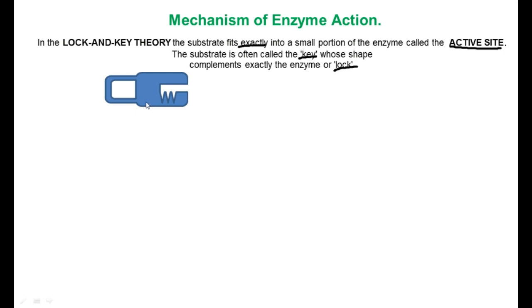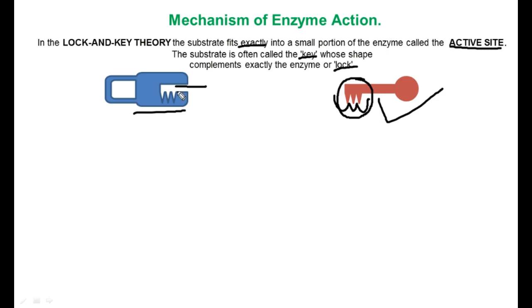Now let us see this example. This one is acting as the enzyme and this one is the active site, and this one is a substrate, and this is the place where it's going to bind to the enzyme, in the active site here.